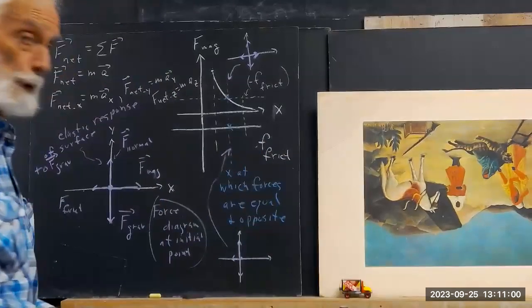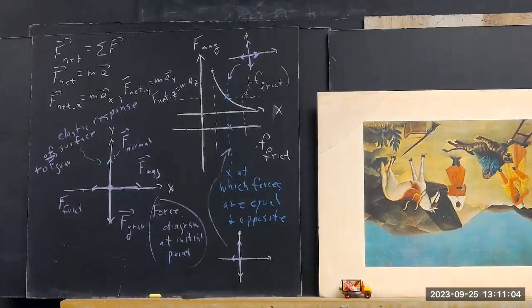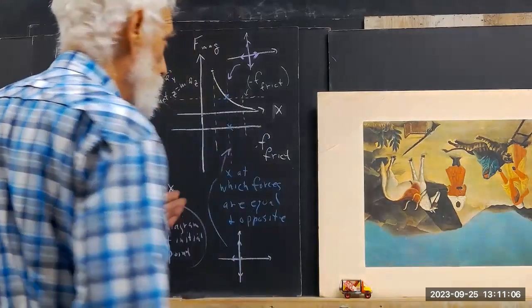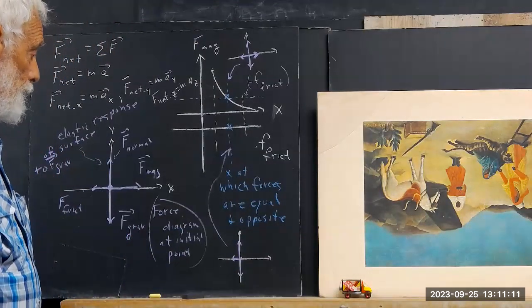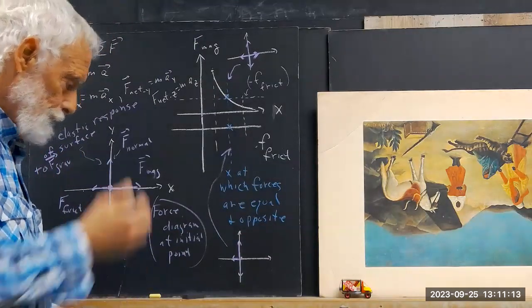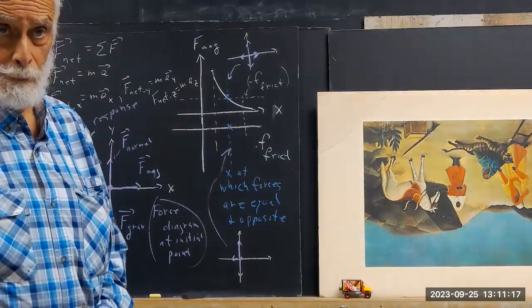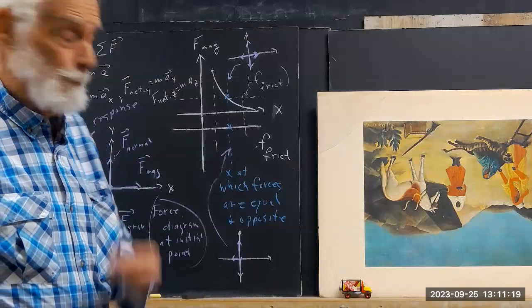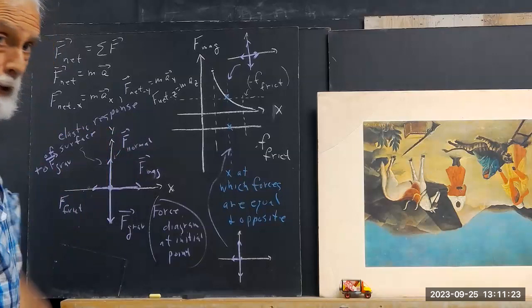That would be for this section. Now what's happening dynamically, that is, as time goes on? Well, let's add a picture for the net force. If I add this force to this force, how do I add vectors?